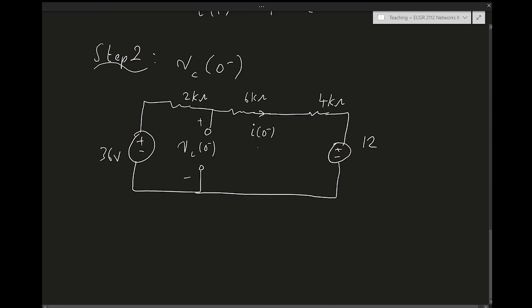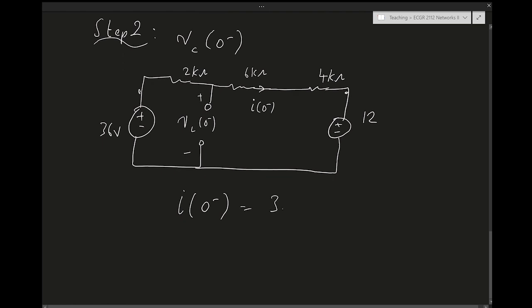So I'm interested in seeing what the current is before the transient, and the current also will help me find the voltage. I mean, there are many techniques of solving this. You already know you can use voltage divider, you can use KCL, KVL, whatever regular circuit techniques we're going to use to solve for this. So this should be something you've mastered at this point, but we're going to go through it. So what's I(0-)? I(0-) is just the voltage across those resistors divided by the resistance, right?